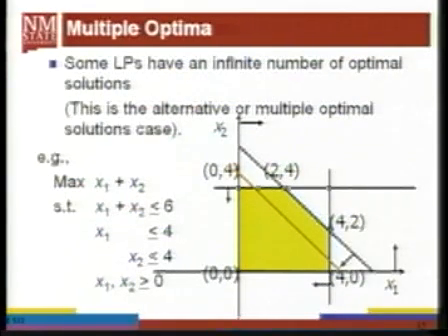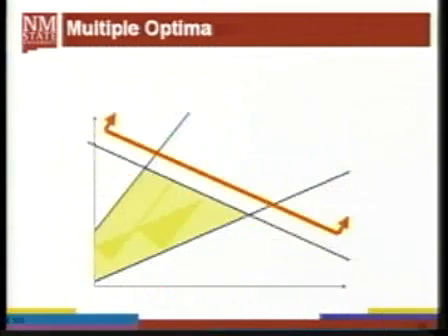In that case, all the points on this dark line segment between (2,4) and (4,2) are going to be optimal solutions, right? So every point between these 2 points is going to be an optimal solution. And this shows a general case of multiple or infinite number of optimal solutions.